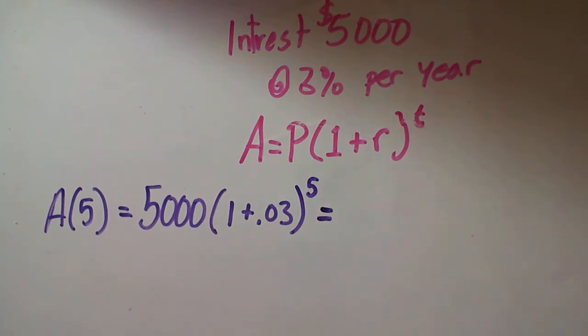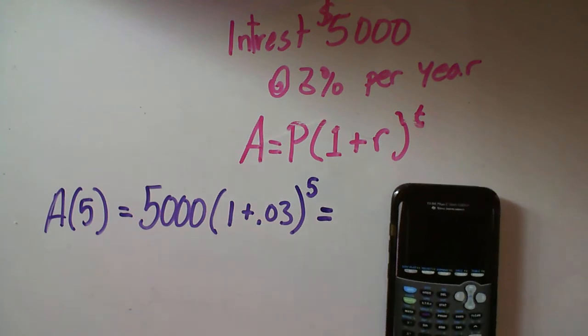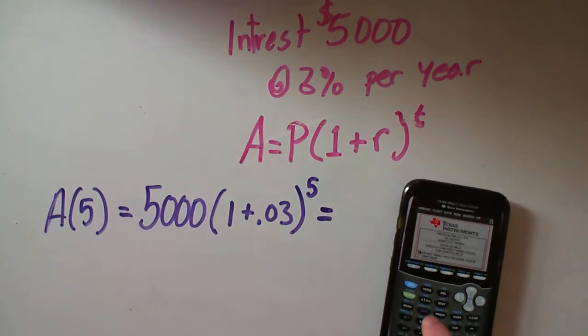So after 5 years, we plug that into our calculator, and that's what I'm doing off screen. I hate doing anything off screen, but there we go. 5,000, open parentheses, 1 plus 0.03, to the 5th.